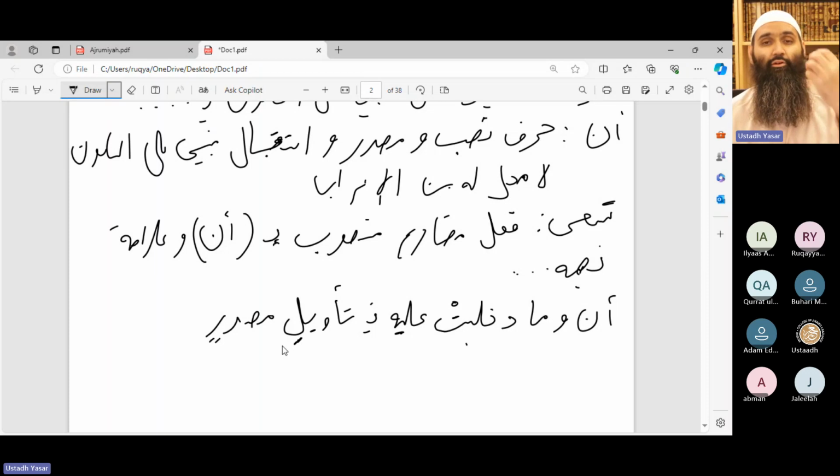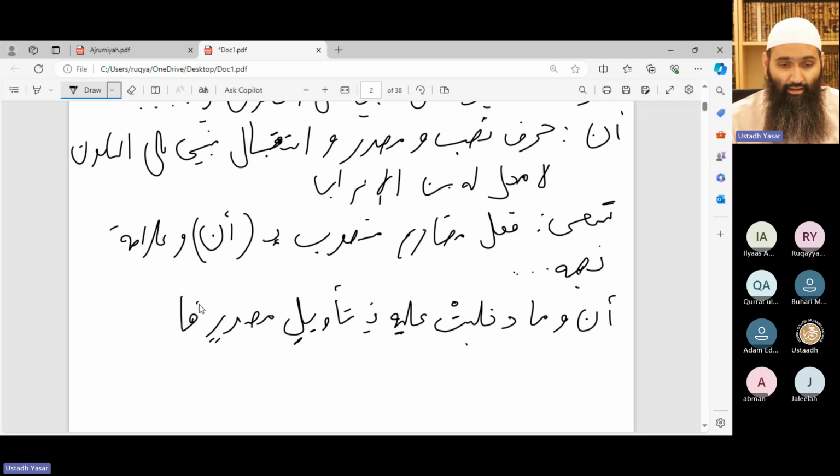But this masdar, what is it? In this jumla, of course, from sentence to sentence, what that masdar is will differ. But in this sentence, this masdar is fa'il. Fa'il of what? Fa'il of yasurru.